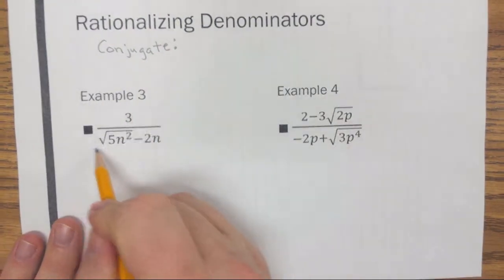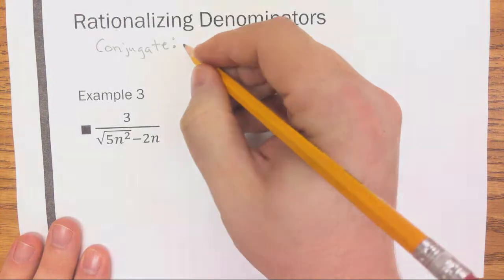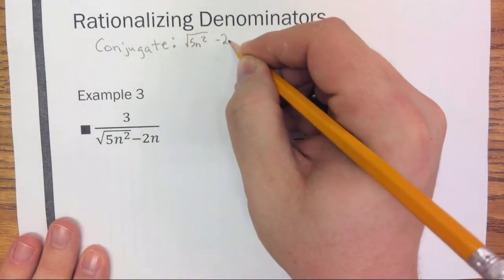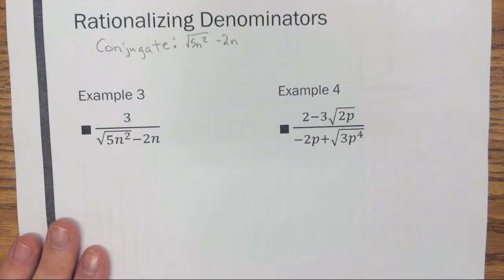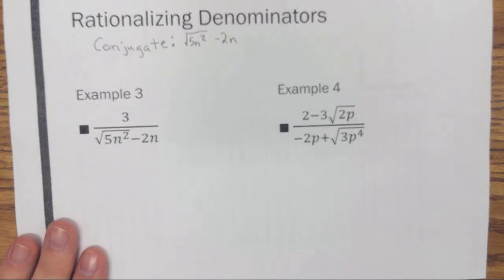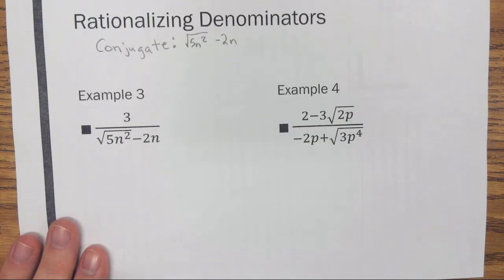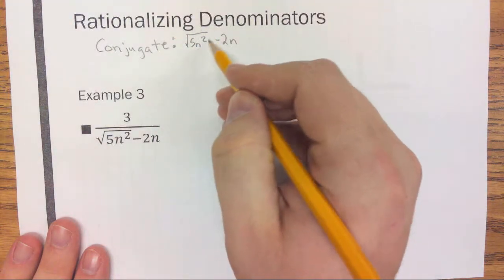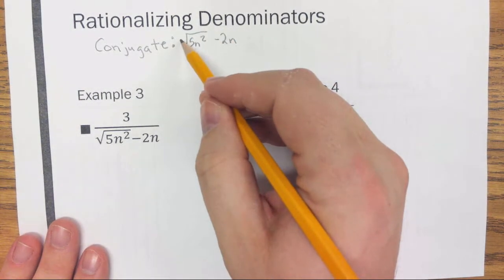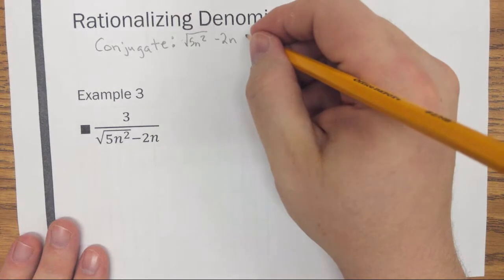So this expression right here, the square root 5n squared minus 2n, I want to use the conjugate. In order to do the conjugate, I need the thing with the radical in it to be the opposite sign. So I'm going to change this to this.